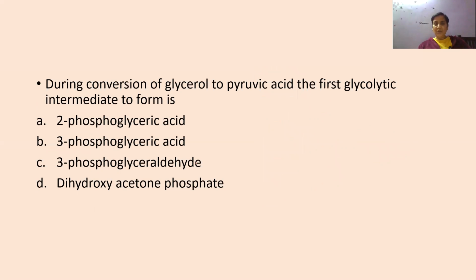Then next question, during conversion of glycerol to pyruvic acid, the first glycolytic intermediate to form is. Now, this is simple glycolysis. And in glycolysis, I'll just write after the splitting step, because all the 4 intermediates are after the splitting step.